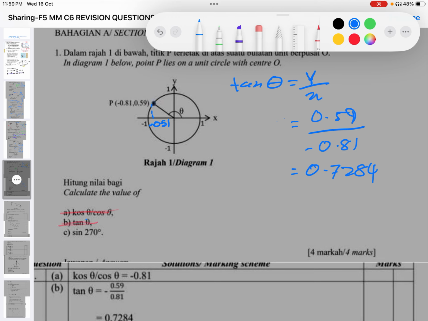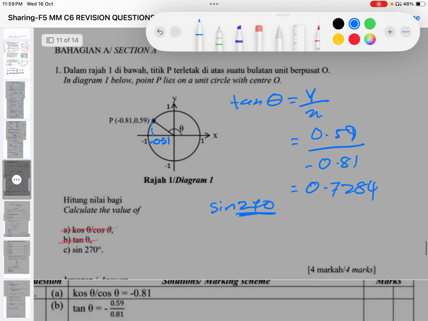Soalan C, sin 270. Soalan ni adalah sin, nak cari 270. So kalau kita lihat 270 duduk kat mana? Dalam kuadran ke berapa?